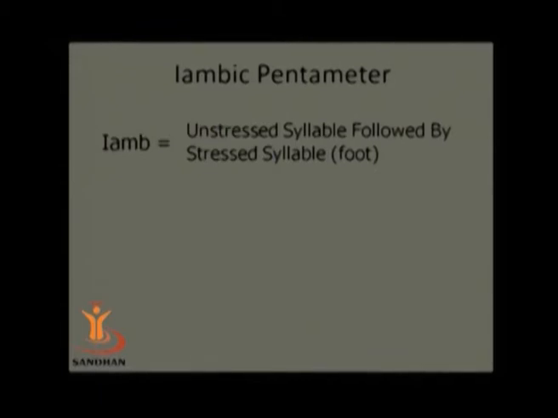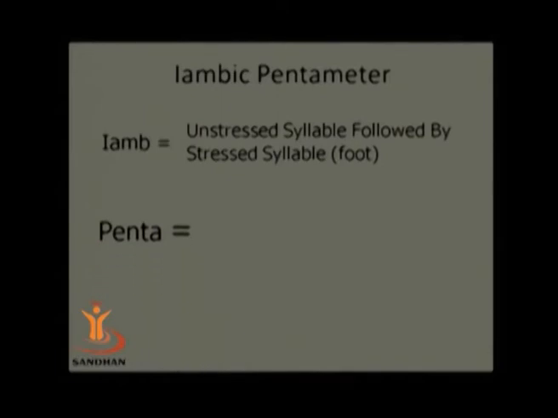So when we divide a word into divisions according to pronunciation, we know that certain parts of the word are stressed and certain parts are not stressed. For example, if you have the word education, you could say education. So K is stressed over here. Here in an iamb, you have an unstressed syllable followed by a stressed syllable.